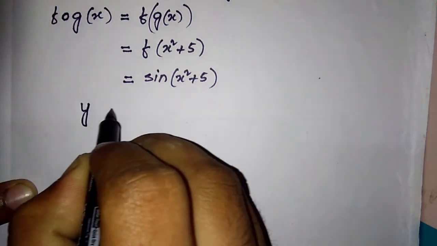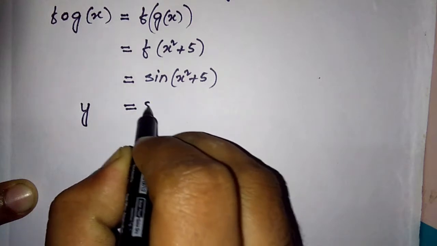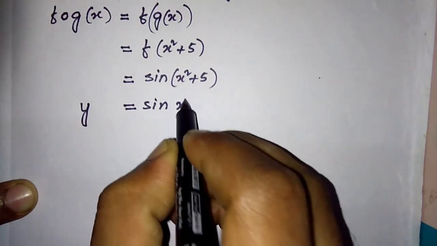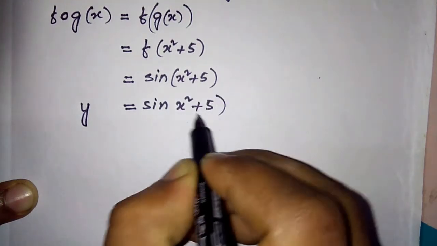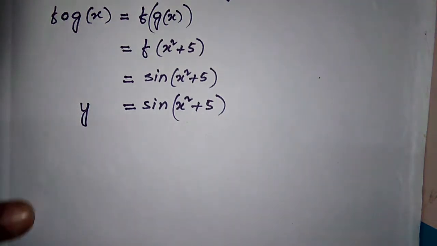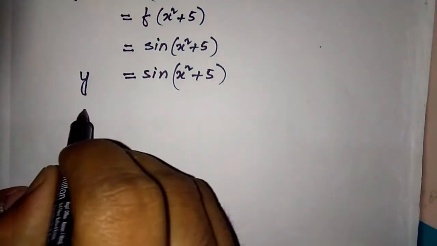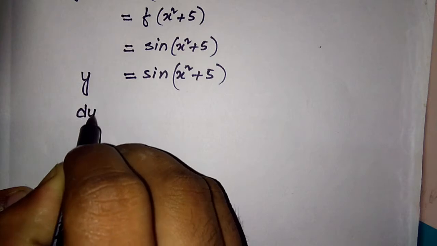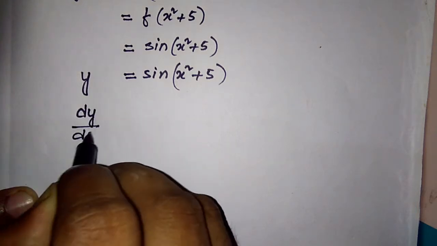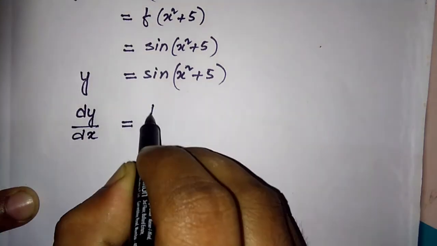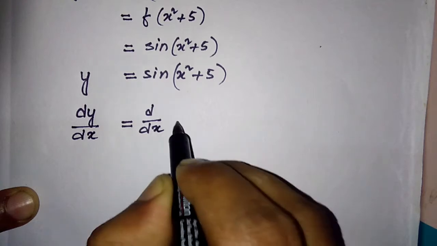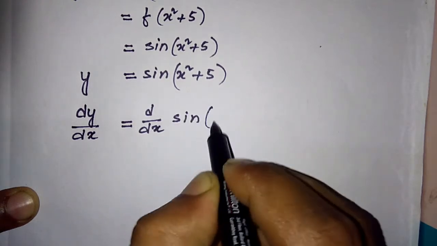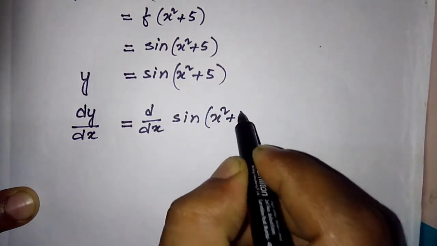Let this function y be equal to sin(x square plus 5). Its derivative with respect to x, dy/dx, is equal to d/dx of sin(x square plus 5).